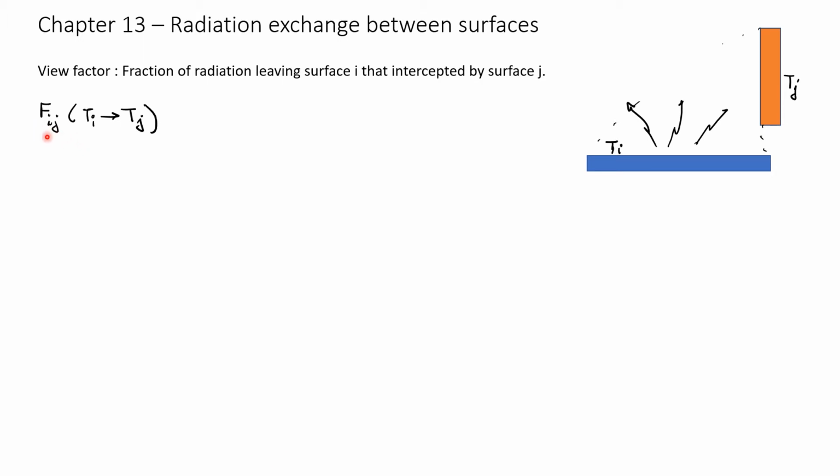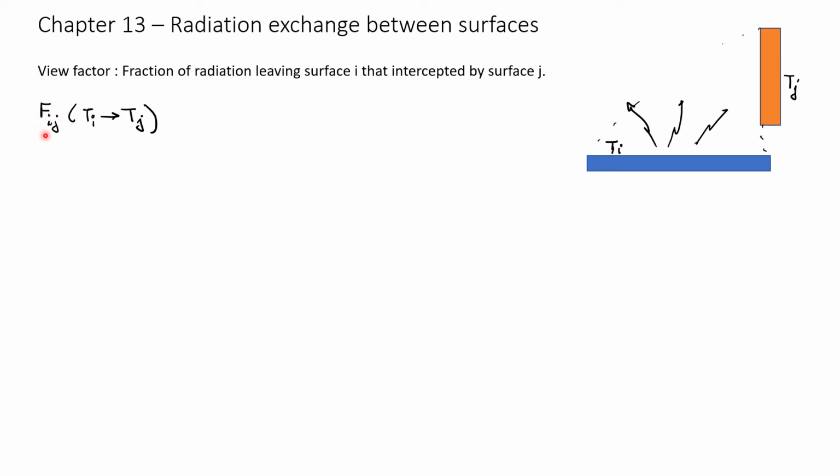So your view factor is usually defined by an uppercase F, and in subscripts you will have Ij, where I is the surface from which radiation is emitted and J is the surface which intercepts the radiation.